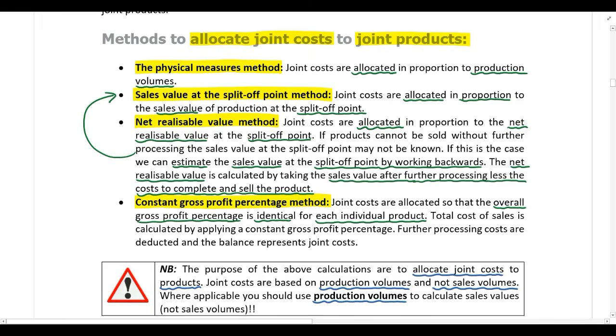So after we've performed the allocation, you'll see both products will have the same gross profit percentage. So how do we perform this calculation? First, total cost of sales is calculated by applying a constant gross profit percentage. Then, further processing costs are deducted and the balance represents joint costs.